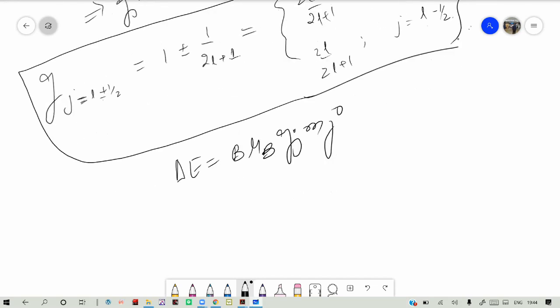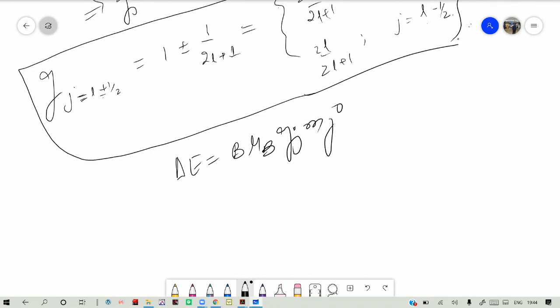And in the case of the normal Zeeman effect, where we have ignored the spin, there was an equal spacing. So because of this GJ here, we have an unequal spacing, because for each term, for each energy level, the value of the GJ changes.